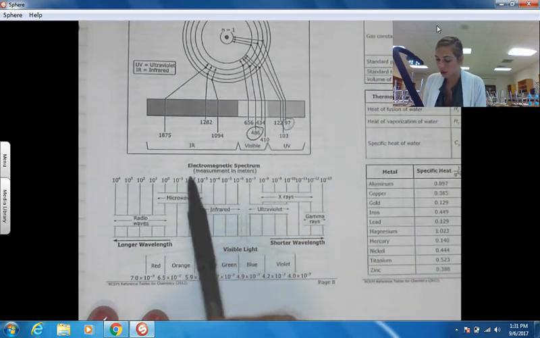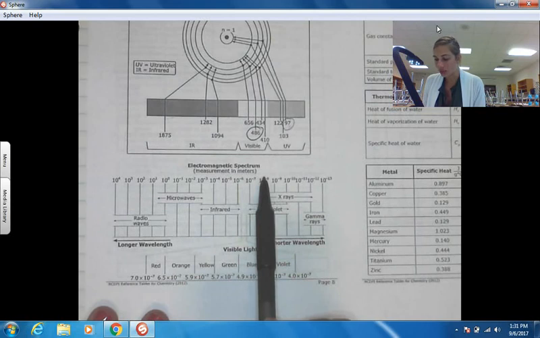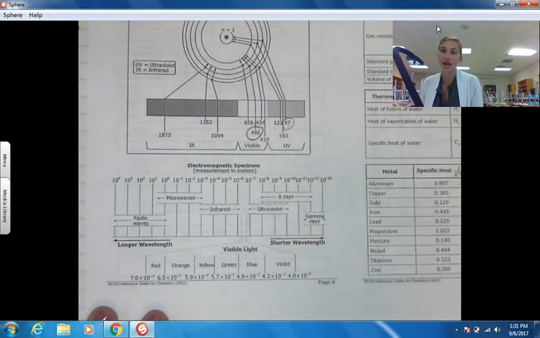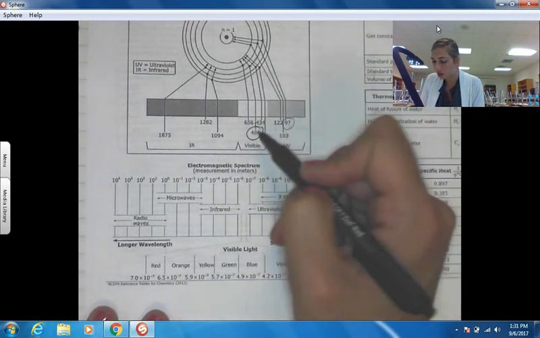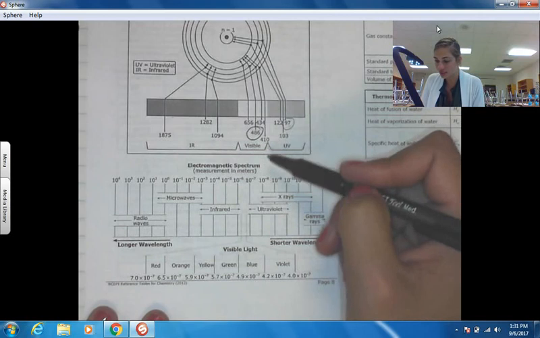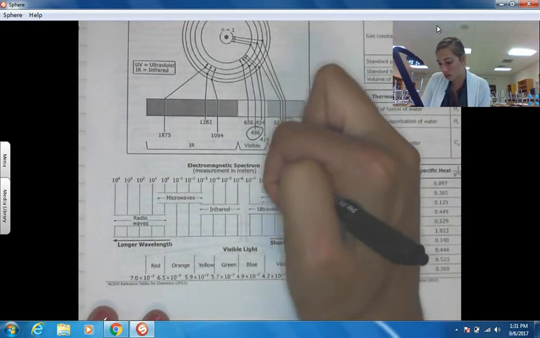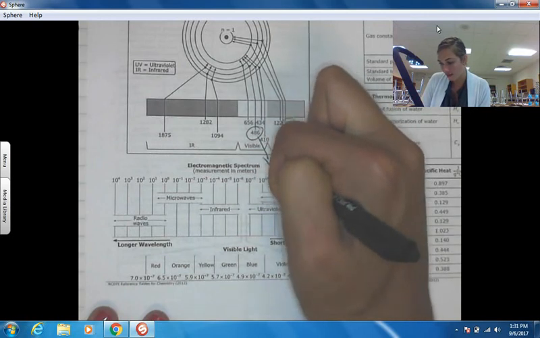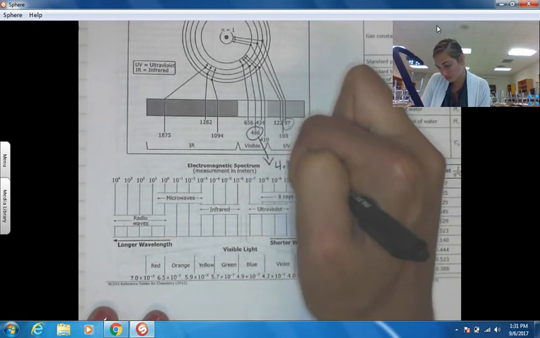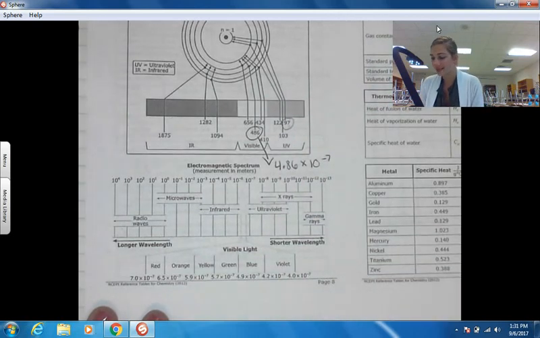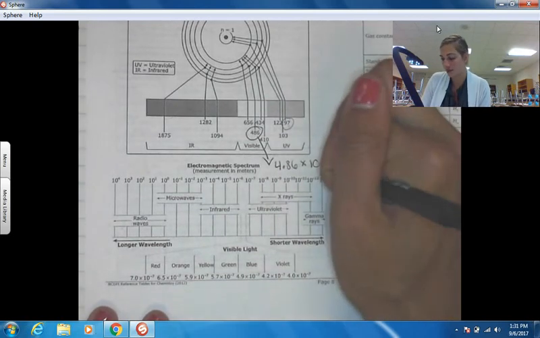Well, our electromagnetic spectrum is in meters. So we know that the conversion factor between meters and nanometers is 1 times 10 to the 9th. So we would have to convert this and figure out what we get. When we do that, we should be able to say that that is 4.86 times 10 to the negative 7th meters.